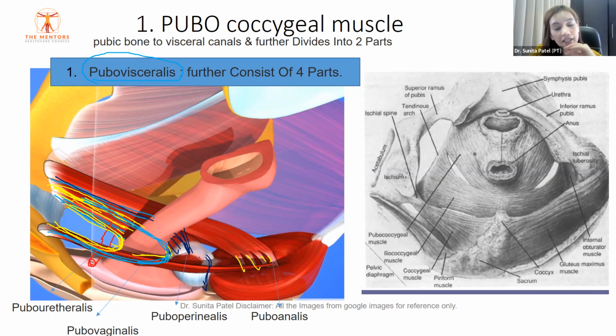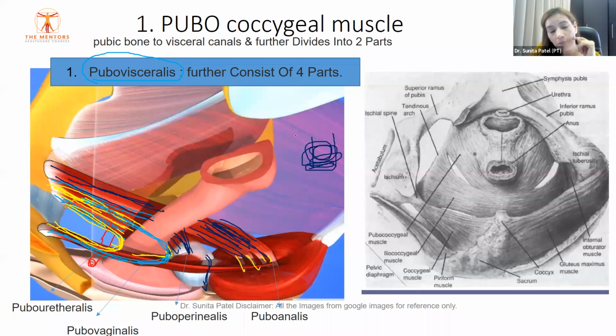So puboperinealis. Now the same muscle will keep going back, and they are now going to merge around the anus with the external sphincter. I told you about the anal canal, that whole external sphincter merging like this.